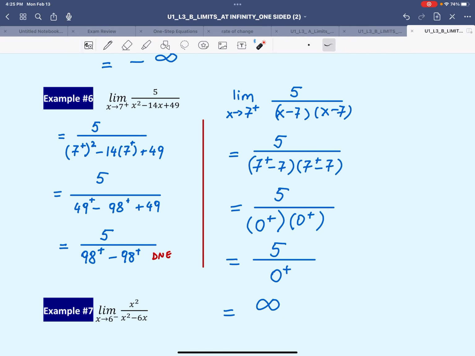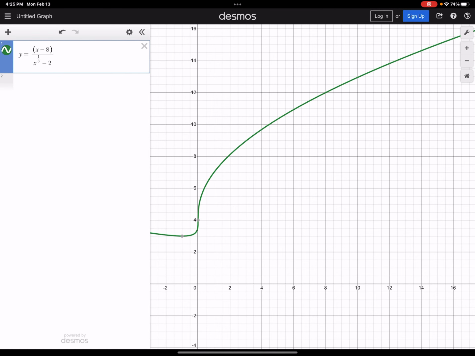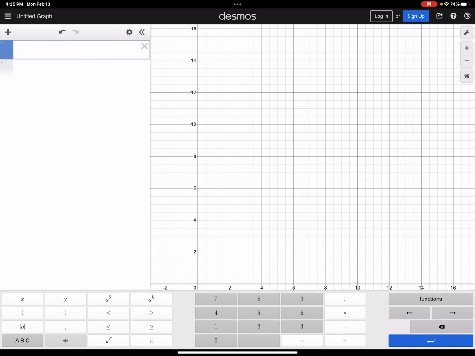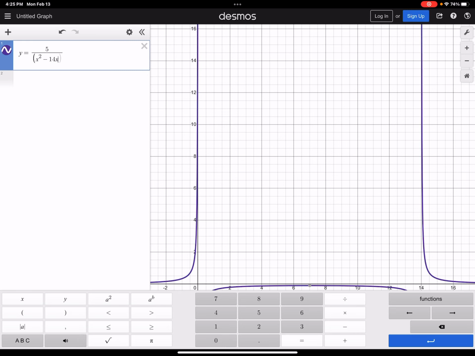If we were to check our answers, and it's always good to check your answers for two reasons: you can check if you're right or wrong, and reason number 2 is you can make connections between your algebraic thinking, which is abstract thinking, and the graph. And then we can see how things work together. So what we had there was 5 divided by x squared minus 14x plus 49.